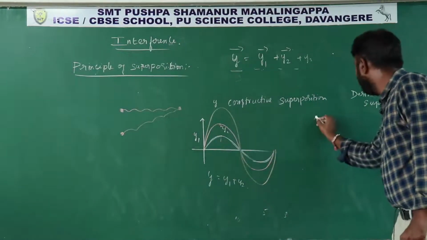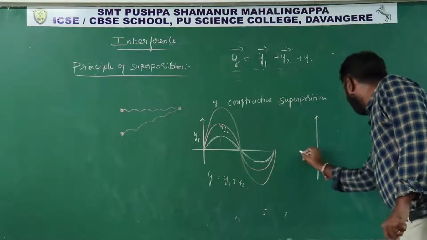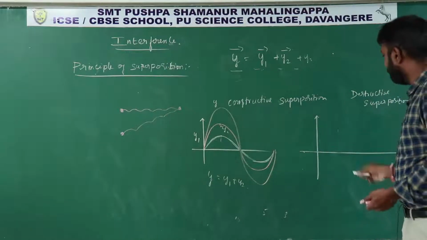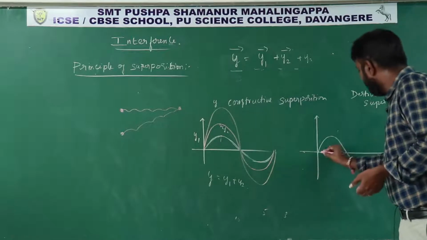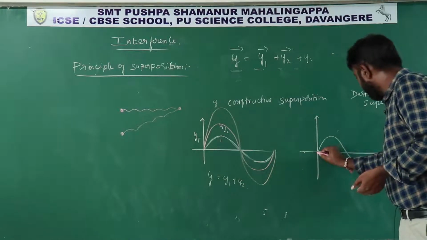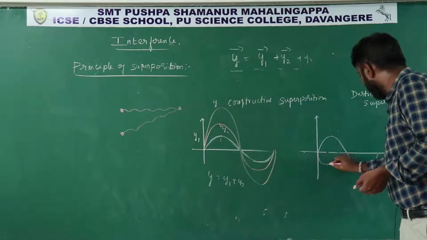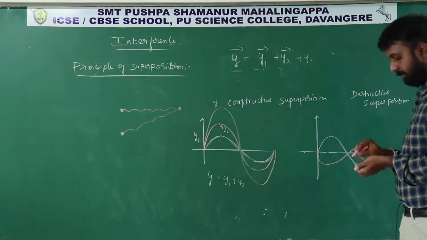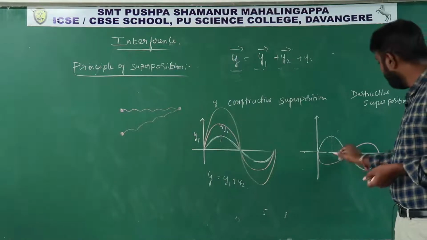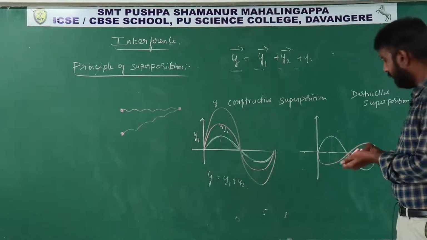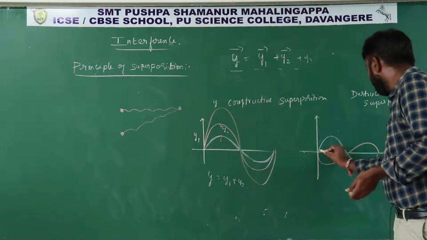And destructive means, this is the first wave, then another wave will superimpose like this. This is the second wave. Suppose this amplitude is 1 unit and this is 0.5 unit, then we will get the resultant wave like this.